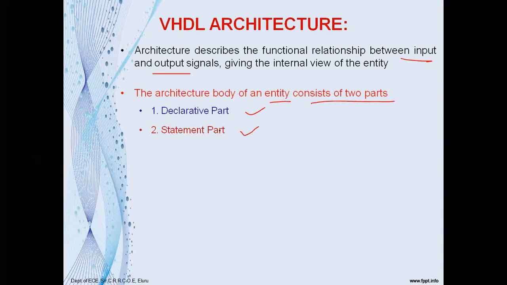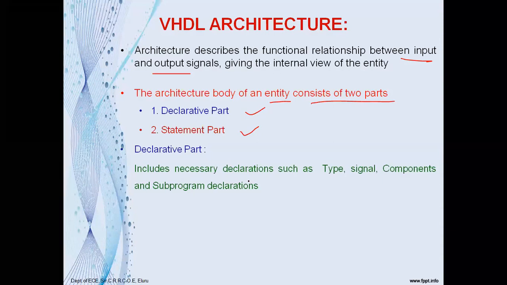Declarative part. The declarative part may contain the declarations for the type of the signal, the signals, the components, and the subprograms. The subprograms are the procedures or the function declarations.